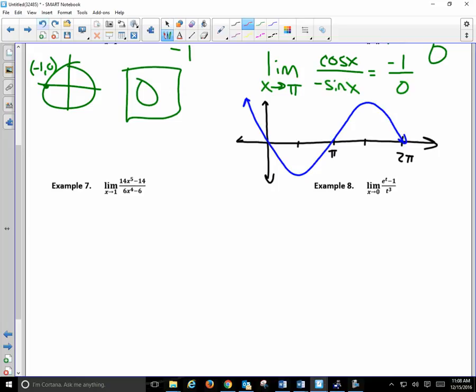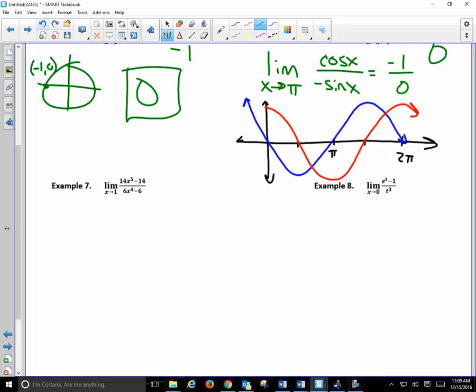And the cosine graph. Are we okay with those two graphs? So I want to take cosine and divide it by negative sine as x approaches pi.